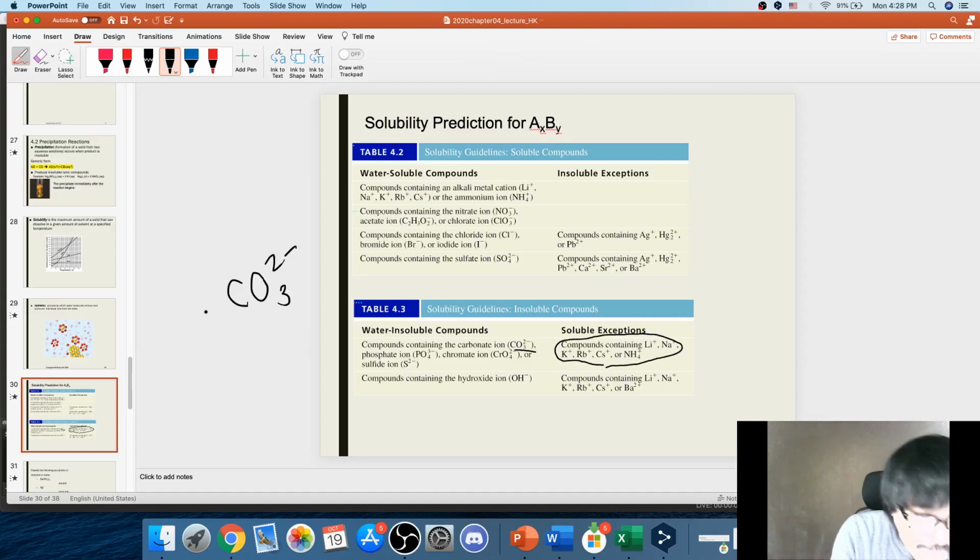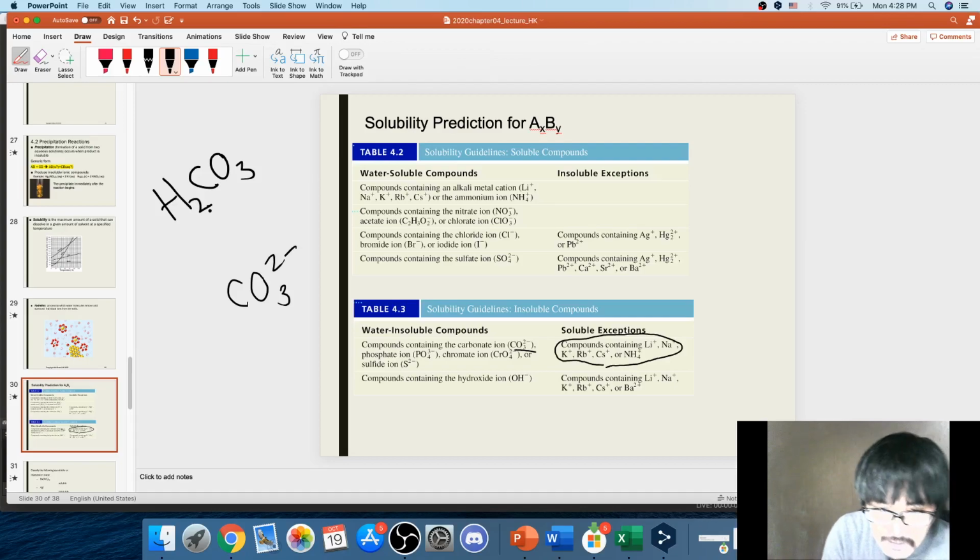So take H2CO3. Remember, you're going to need 2 of those H to counterbalance this 2 minus. That is water insoluble, because H is not in here. So anything combined with these guys is water insoluble, except when combined with these guys. That means H2CO3 is actually a solid.